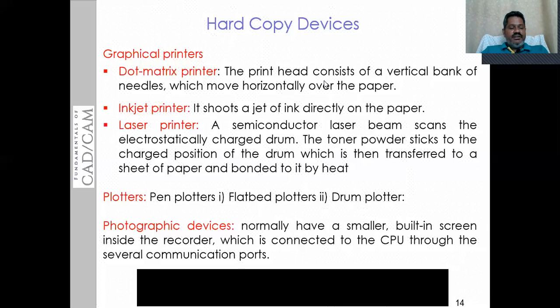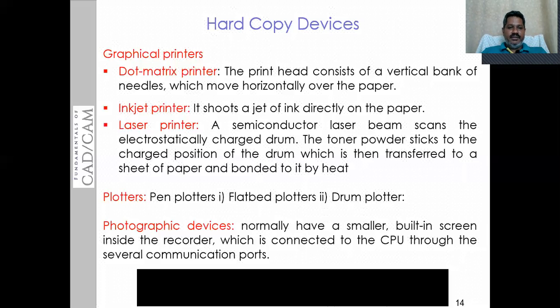consists of different vertical banks of needles. There are different needles which are located in the vertical plane. I mean, the bank of needles is located in the vertical plane on which a tape is going to move. So that tape consists of ink on which a paper is going to move.